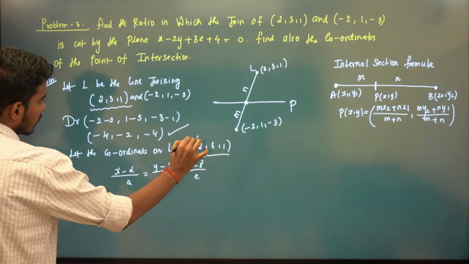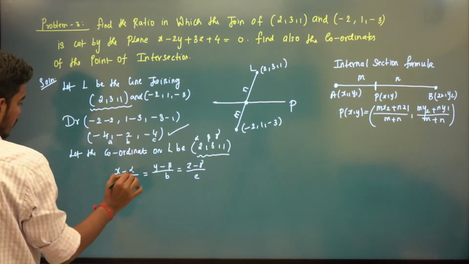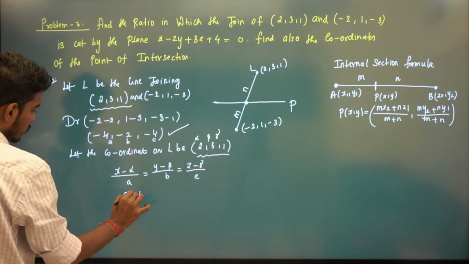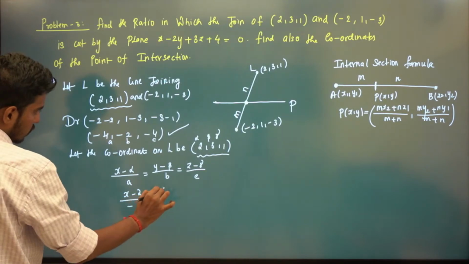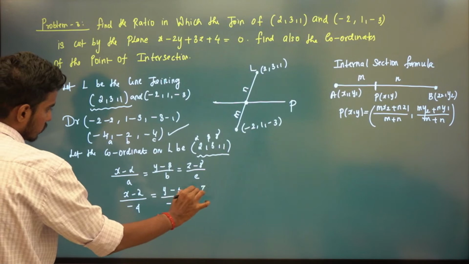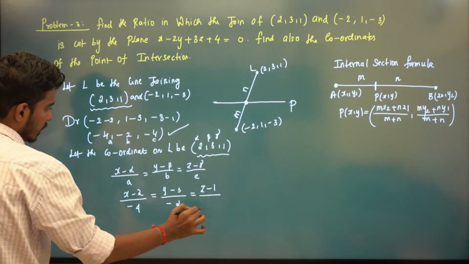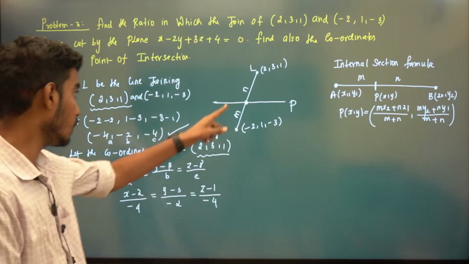Here this is our alpha, beta, gamma, and this is our a, b, c. So we have (x minus 2) divided by minus 4, (y minus 3) divided by minus 2, (z minus 1) divided by minus 4, right? This is the equation of this line.